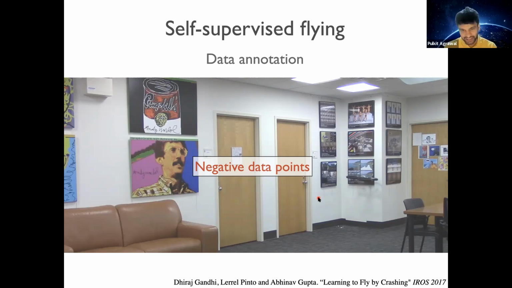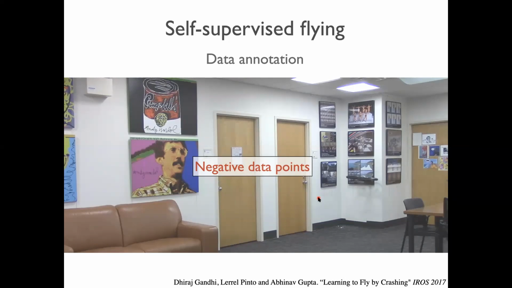So if you're more interested in this choice, I would recommend reading this paper, whose reference is on the bottom of the slide. I think the main takeaway is how we can leverage sensors on the robot itself to label what is an obstacle and what is not an obstacle.